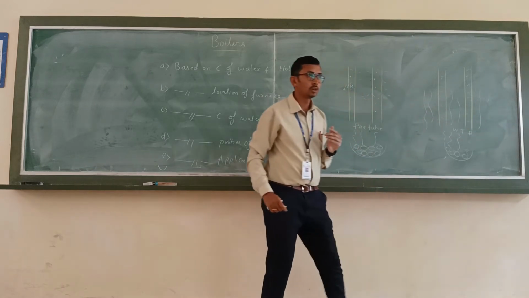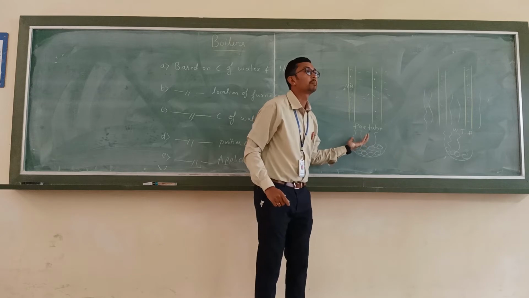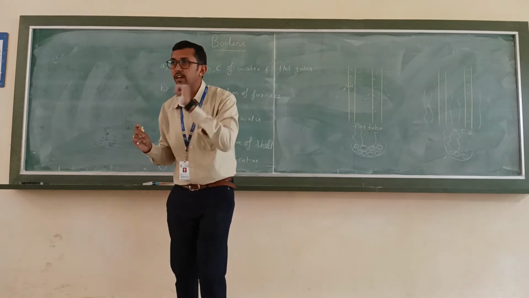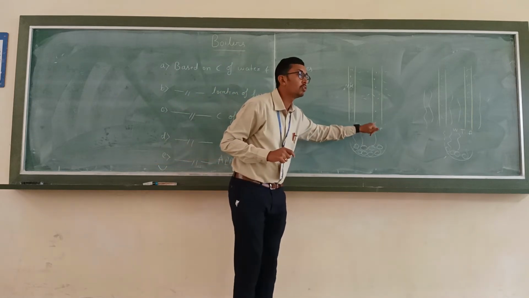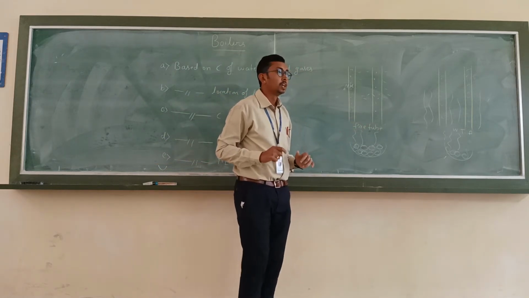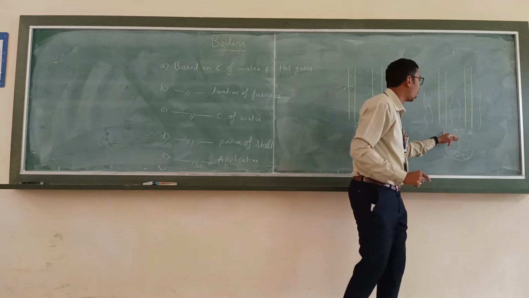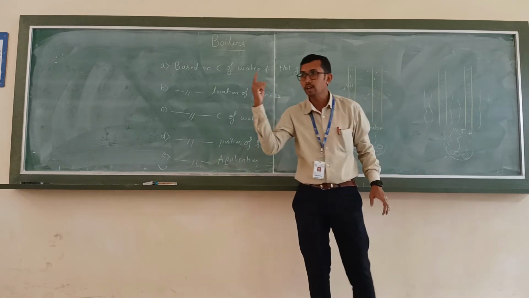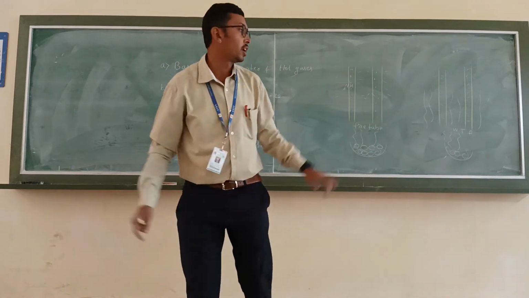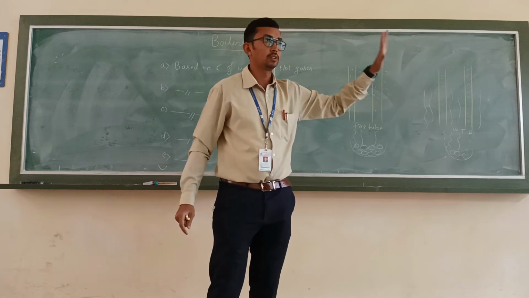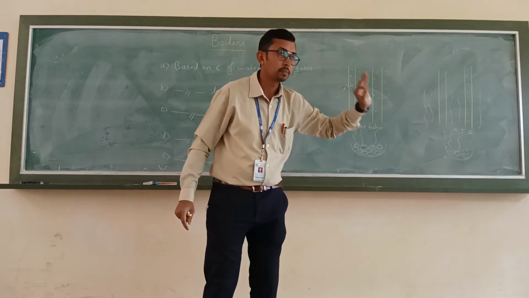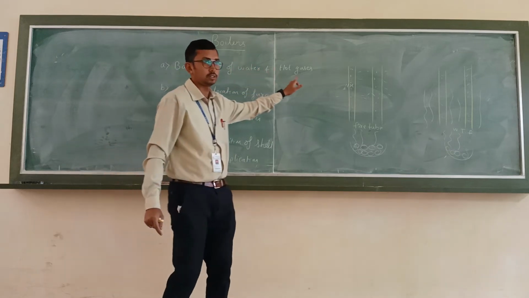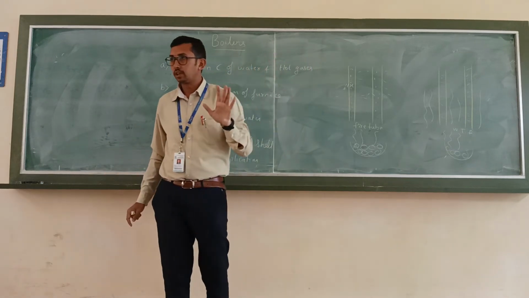If the hot gases are supplied inside the tubes surrounded by water, that kind of boiler is called a fire tube boiler. If water is supplied inside the tubes surrounded by hot gases, it is called a water tube boiler. Is it clear?